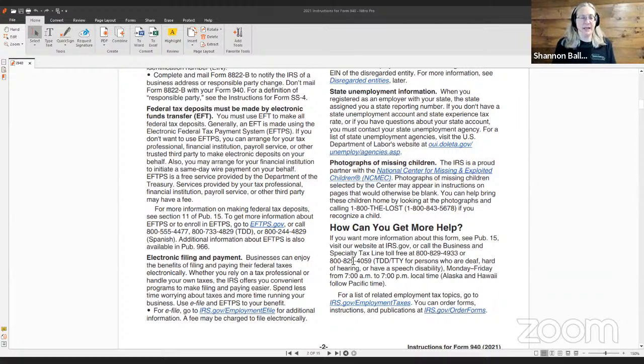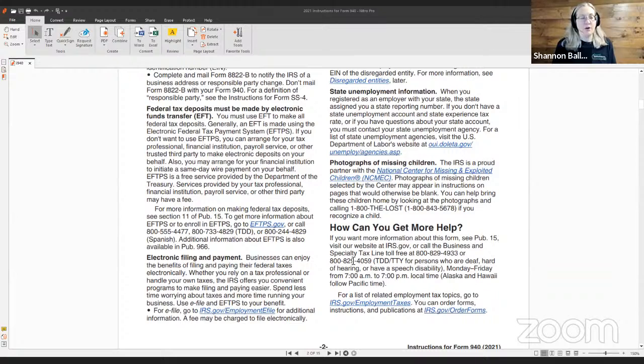Electronic filing and payment. Businesses can enjoy the benefits of filing and paying their federal taxes electronically. Whether you rely on a tax professional or handle your own taxes, the IRS offers you convenient programs to make filing and paying easier. Spend less time worrying about taxes and more time running your business. Use eFile and EFTPS to your benefit.